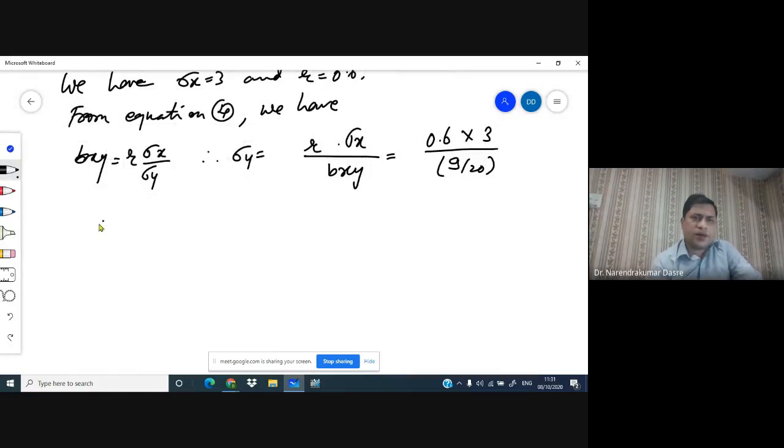So sigma y is equal to 0.6 into 3 into 20 on 9. So calculate this value, or if you have a problem with this, you can write this as 3 by 5, so it is going to be 4. So you got sigma y is equal to 4.